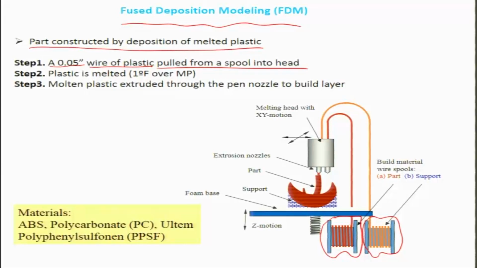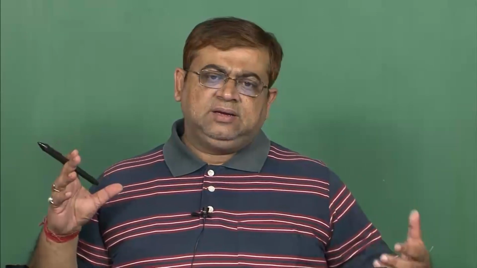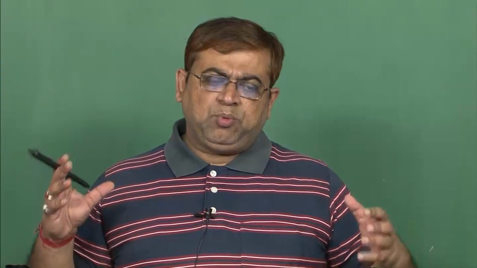Also, there is an optimization package in CAD so that the supporting legs needed to construct this part in free space can be kept to the minimum possible extent, so that when the part is recovered, the legs can be taken off and you have a solid part.